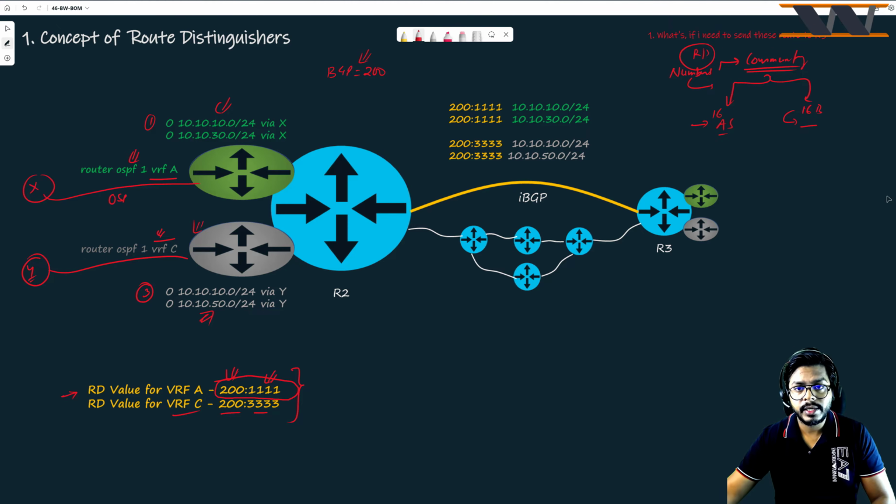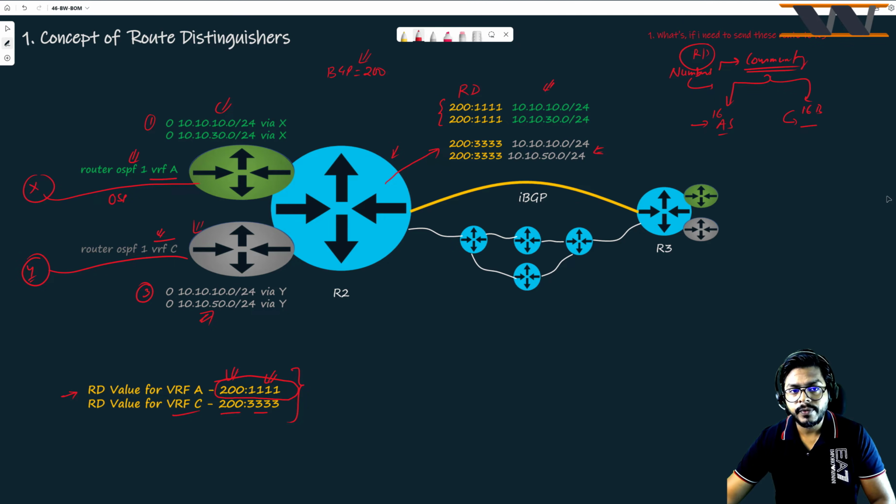So what you are doing is attaching this number whenever you advertise this route from router 2. BGP differentiates these routes, the green routes and the gray routes, on the basis of this number. And this number is known as the RD value, right? Route distinguisher value.